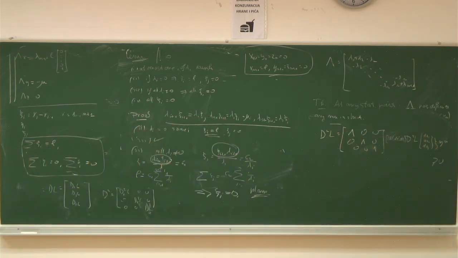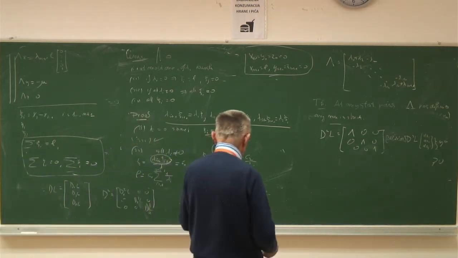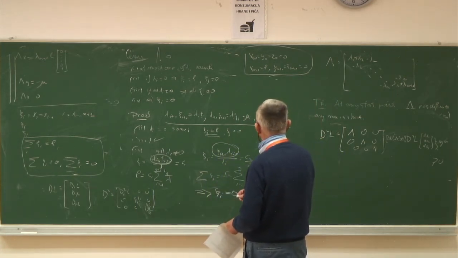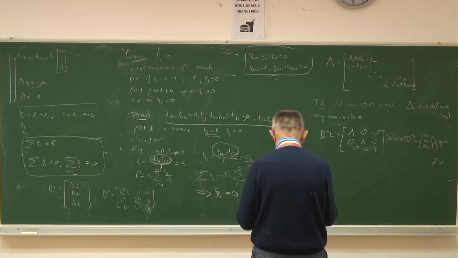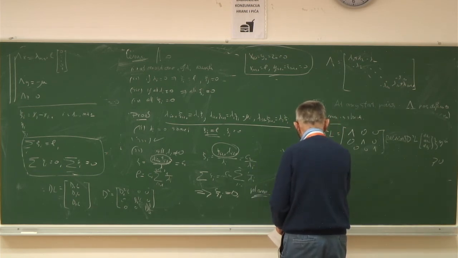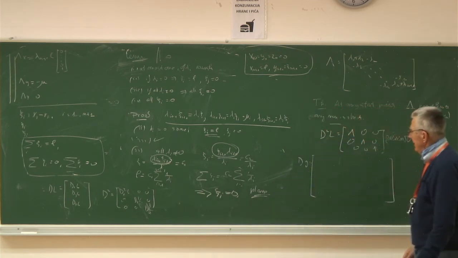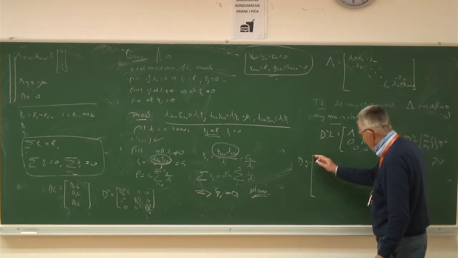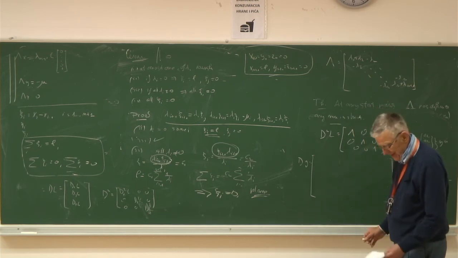The tangent space is given by the derivatives of those g's. You have to differentiate first with respect to the x variables, then to the y variables, and then to the z variables.